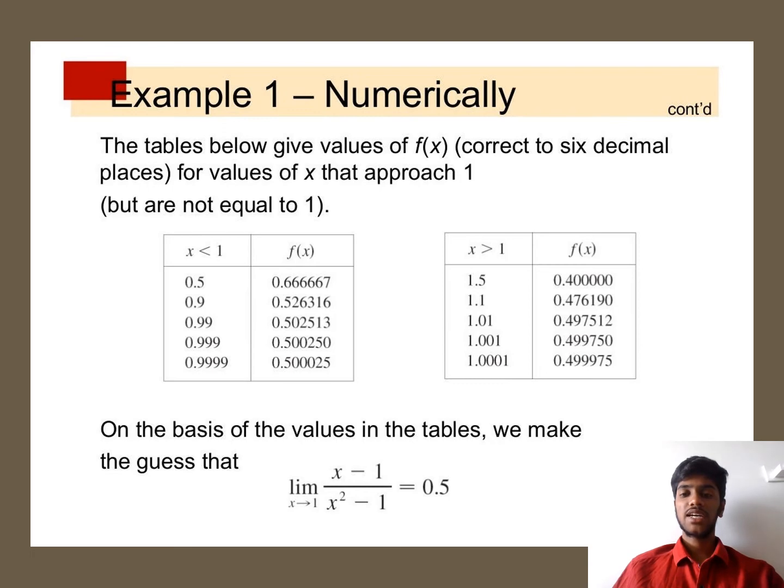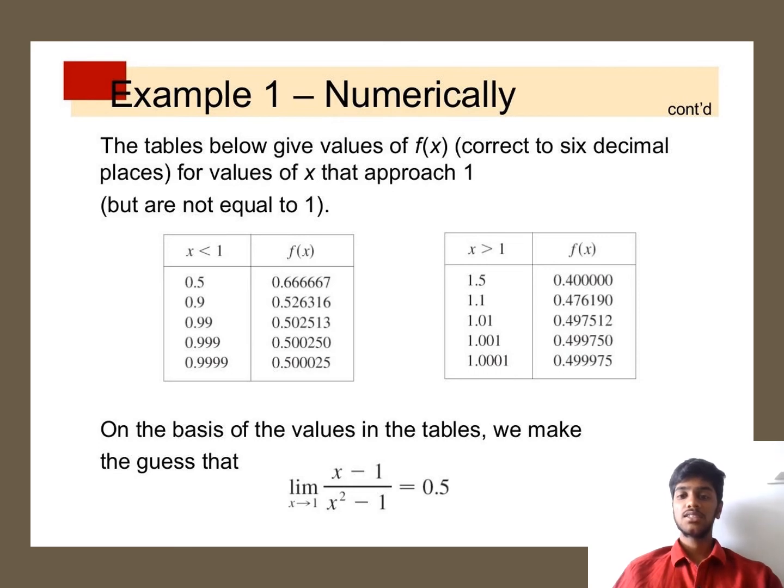If x is 1.5, which is greater than 1, then f of x is 0.40. If x is 1.1, then f of x is 0.47. If x is 1.01, then f of x is 0.49. If x is 1.001, then f of x is 0.499.